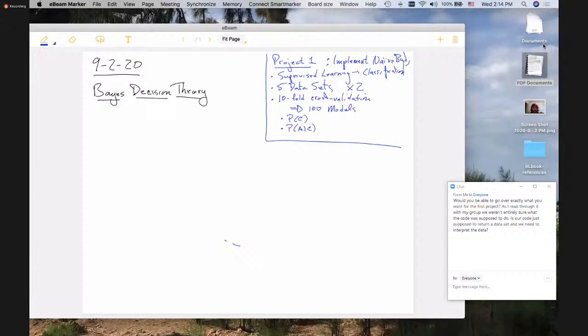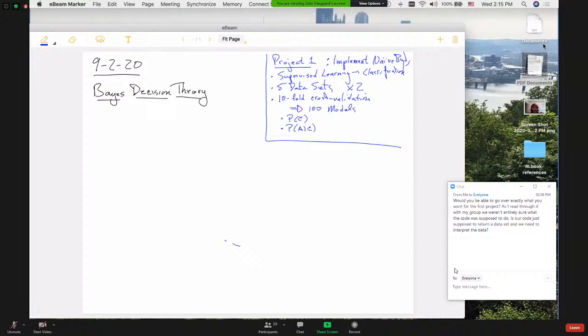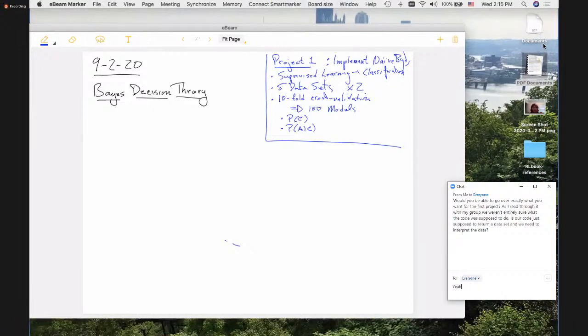And then once you have estimated those probabilities for each of these 100 trials, you will then take whatever the held out data set is and run it through to generate the classifications for those held out examples and compare the results against the ground truth to see how well you're performing. So Ryan, does that answer your question? And if not, feel free to ask more.